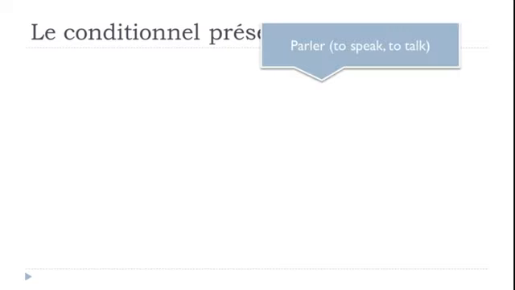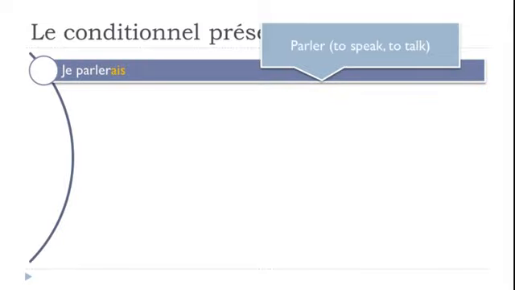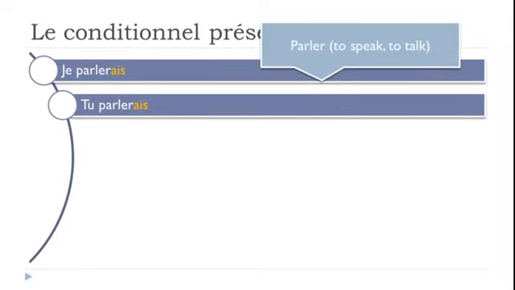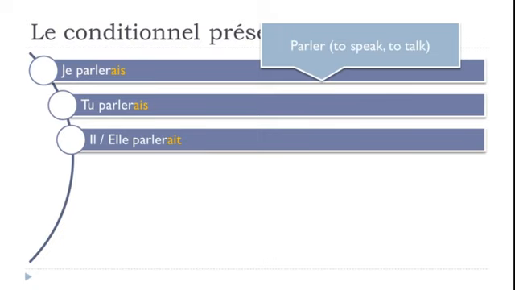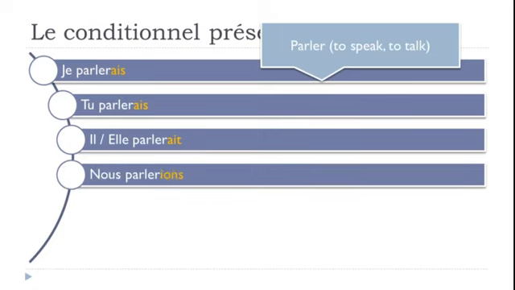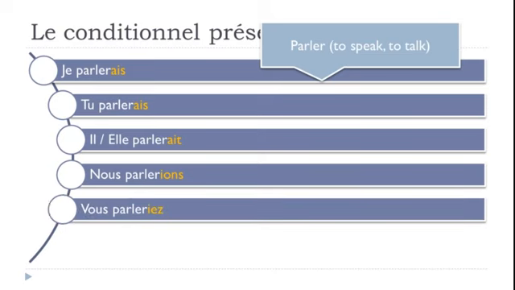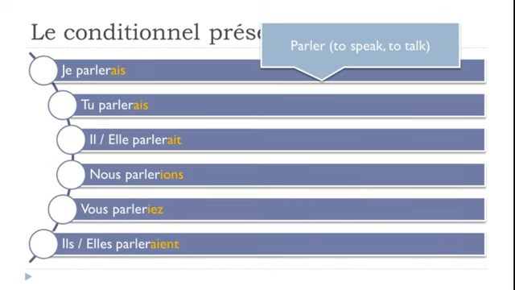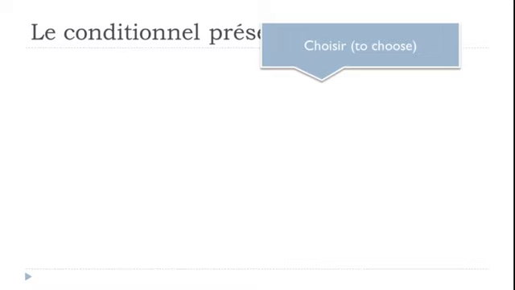So let's see now for parler. Parler, it's to speak or to talk. Okay, so je parlerais, tu parlerais, il parlerait, elle parlerait, nous parlerions, vous parleriez, ils parleraient, elles parleraient. Second example, choisir from the second group of verbs.